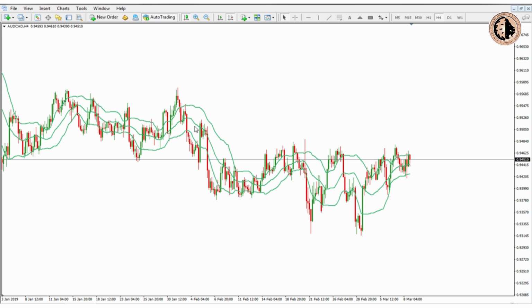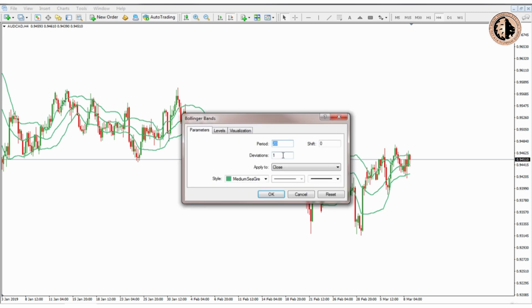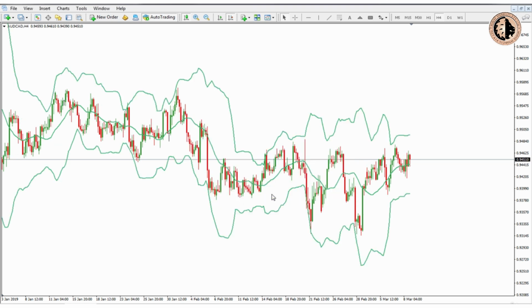If I enter number 3 as a deviation input, then the indicator tells us that the price will move within this indicator 99.7% of the time. So almost always, only here we see a small break through of the upper line of the indicator.